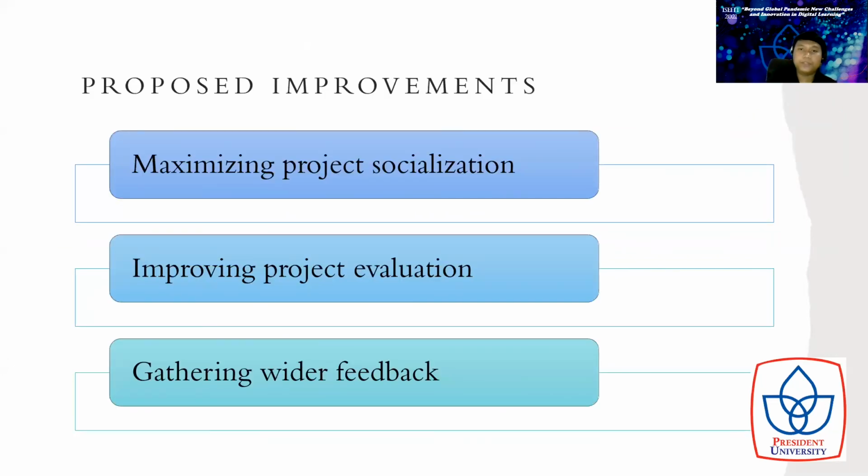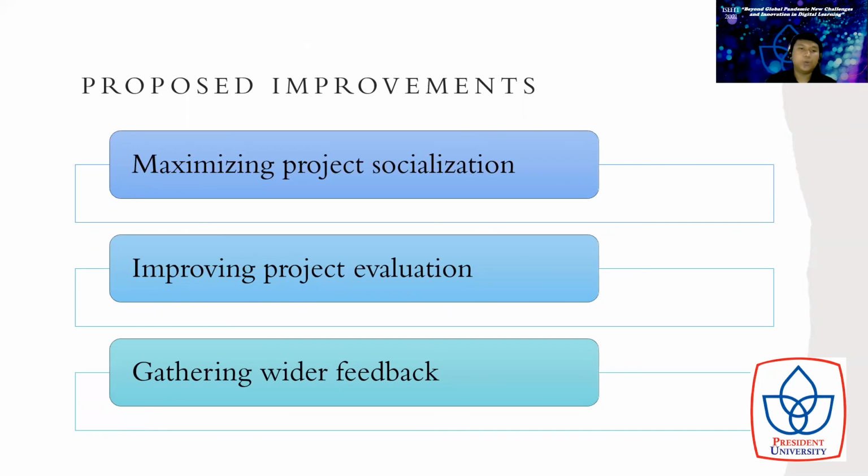As for the proposed improvements in the future, there are three particular improvements that should be paid attention to. First of all is maximizing project socialization. Since this software is relatively new, it is urgent for us to maximize the socialization of the software so that all faculties throughout the departments or study programs will be aware of the benefits or the advantages of using this.